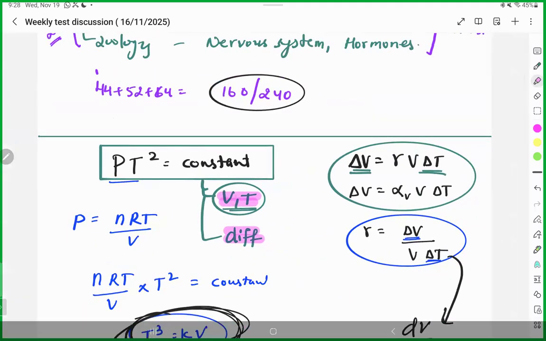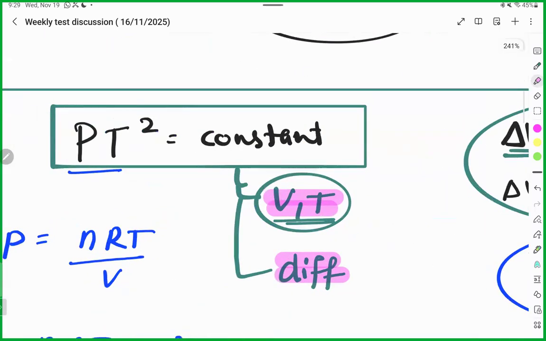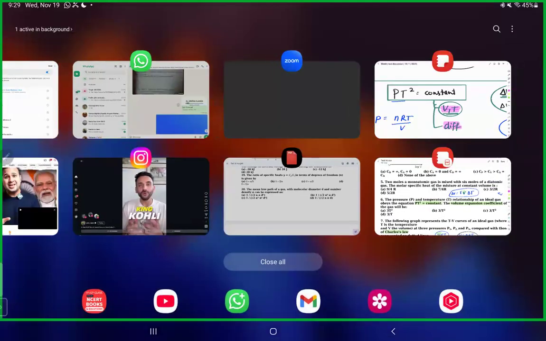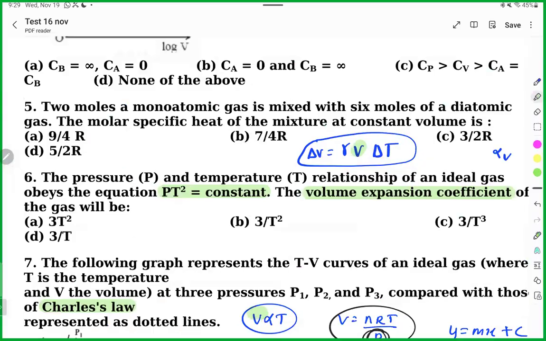Is it easy to say that you have to do only these two things? Yes or no? Yes, sir. Exactly. So physics is not tough. It's just you have to understand this key of how to solve the question.